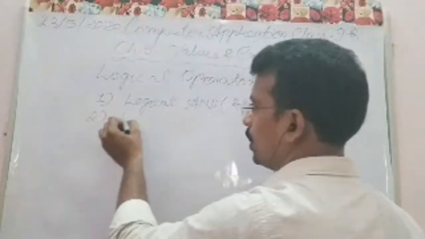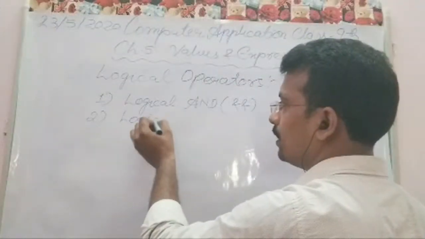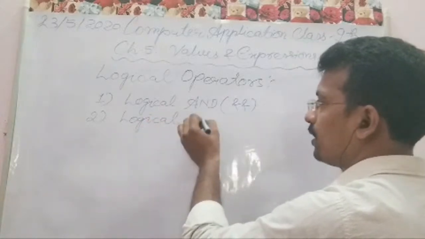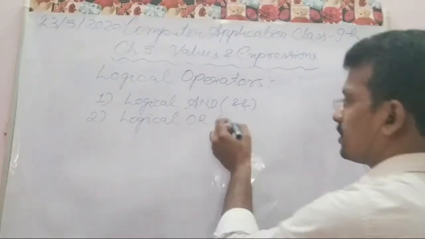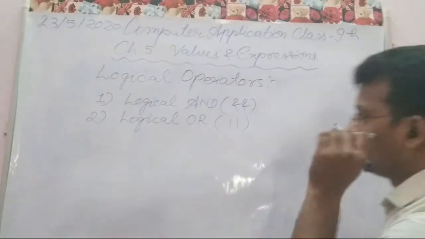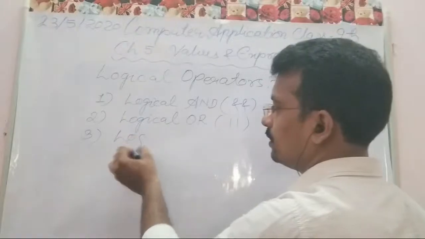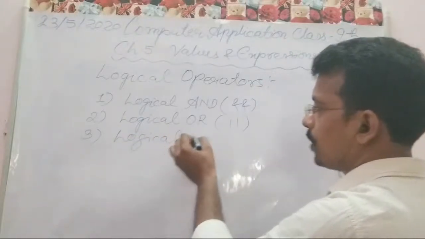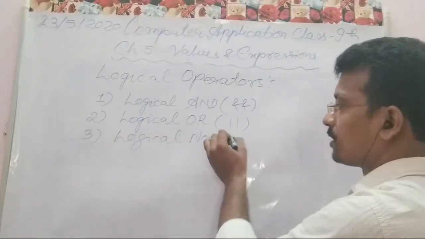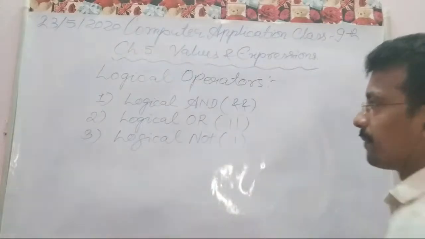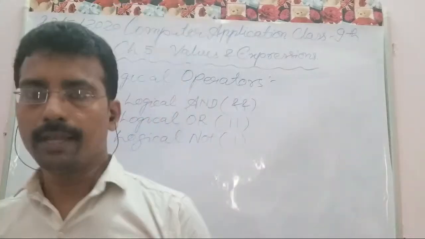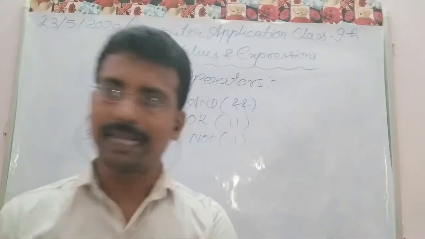Second, logical or, which is represented with two lines. And logical not, which is represented with this sign. So they are the three operators which are used in the logical operators category.